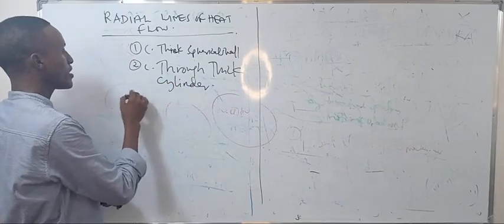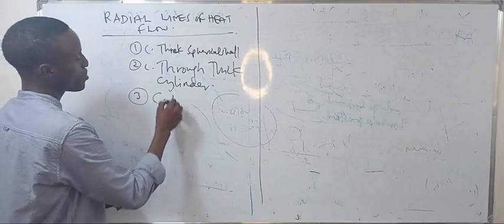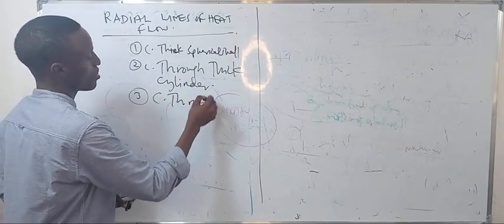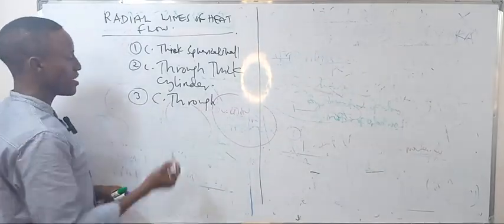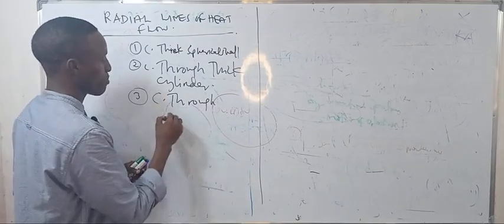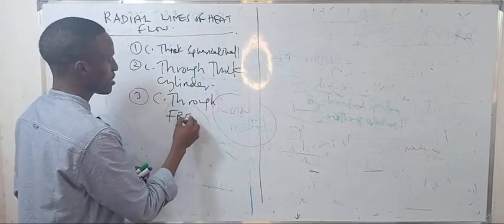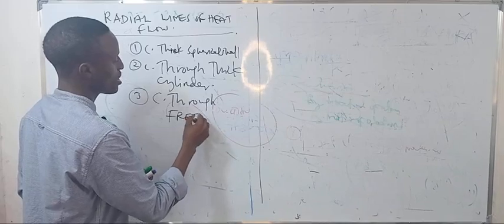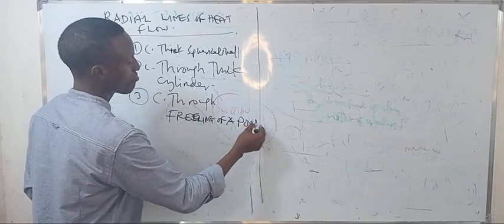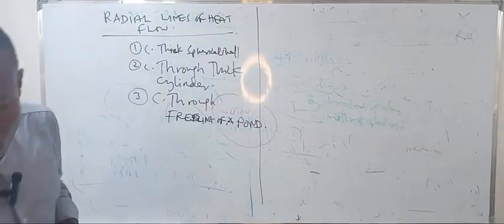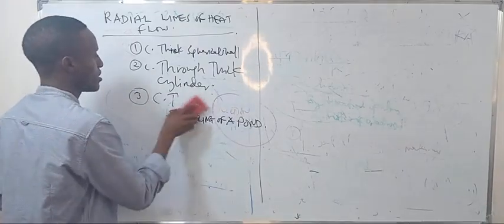And the third thing is conduction through ice, or let me describe it as the freezing of a pond. Freezing of a pond.